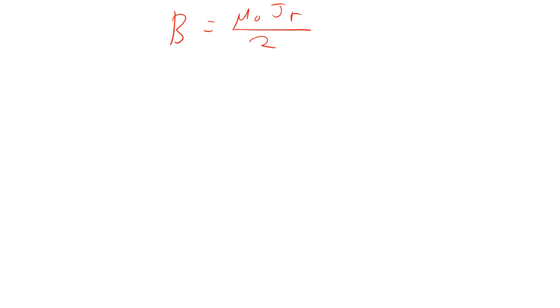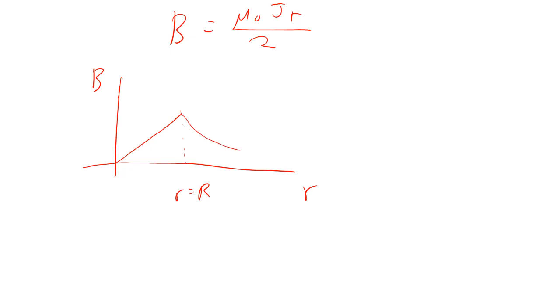That means that if you were to look at this magnetic field as a function of r, it goes linearly up until you reach the point where little r equals big R. At that point, it's going to start dropping with distance as 1 over r, because outside, the magnetic field is going to be mu naught I over 2 pi r.